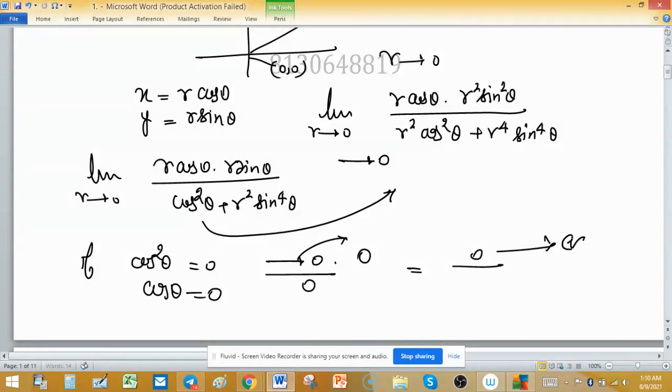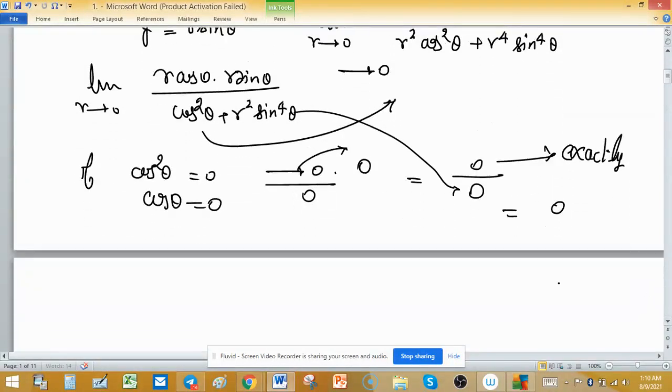In the denominator, the term with cos theta is exactly 0 and the other part is tending to 0, because r is tending to 0. So exactly 0 upon something tending to 0, we get 0 finally. So when cos square theta is equal to 0, we get 0.